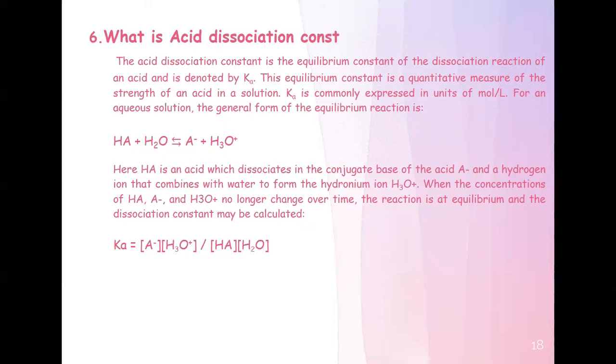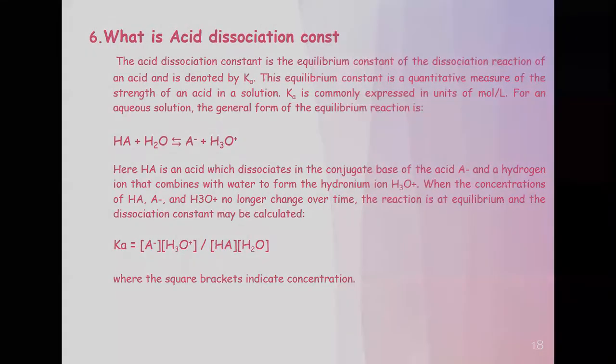And the dissociation constant of that reaction may be calculated by using the formula Ka, that is the dissociation constant of the acid, is equal to A minus into H3O plus divided by HA into H2O, where the square brackets indicate concentration, means concentration of A minus, concentration of H3O plus, as well as concentration of the acid and water.